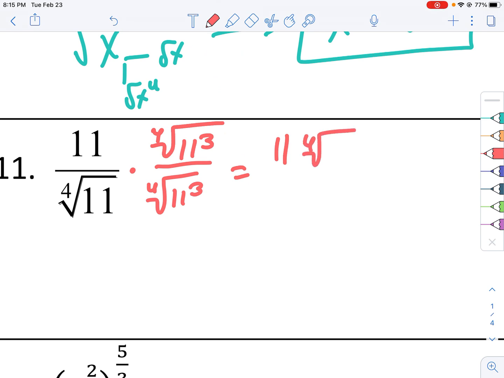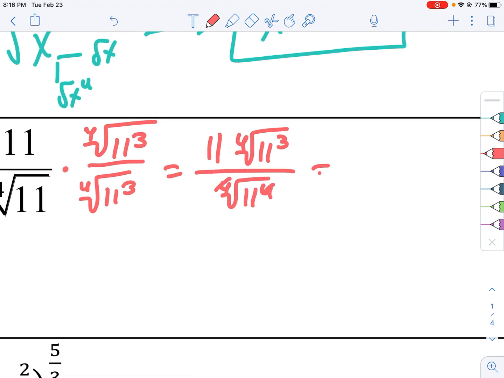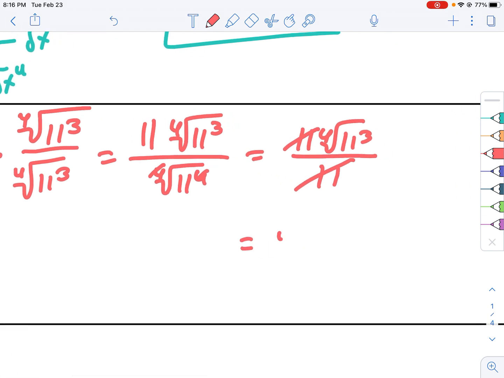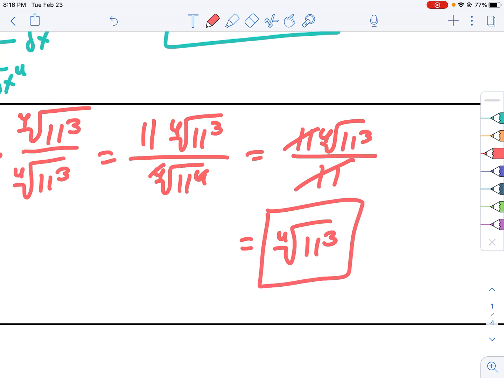That gives us 11 4th root of 11 cubed over 4th root of 11 to the 4th power, so these cancel, and then we're just left with 11 4th root of 11 cubed over 11. The 11s then cancel, so we're only left with the 4th root of 11 cubed. All right, and you could definitely multiply out that, but I think that's great just right there.